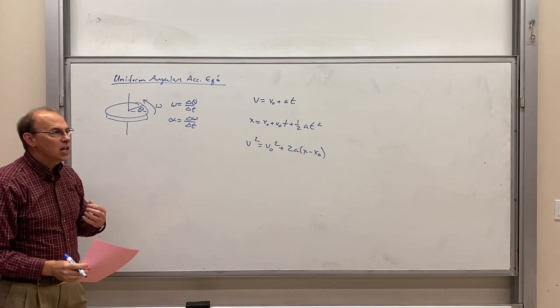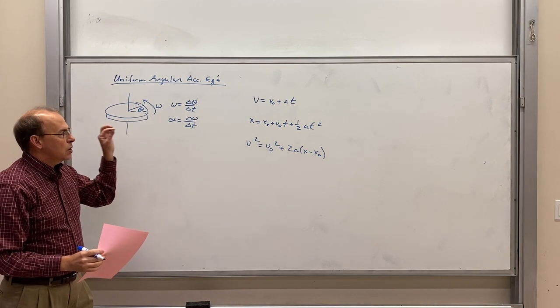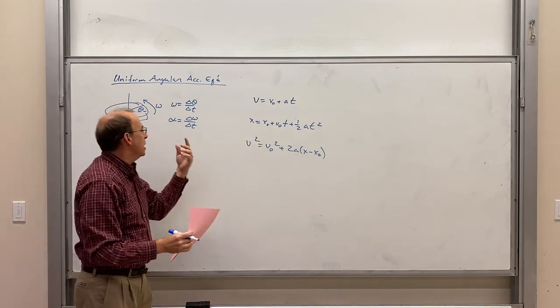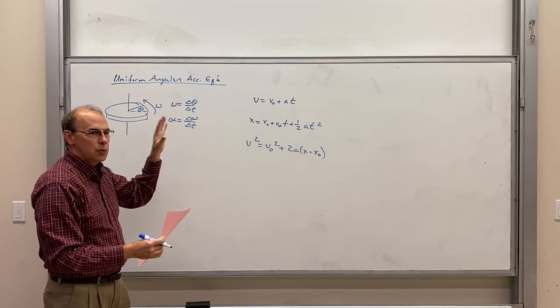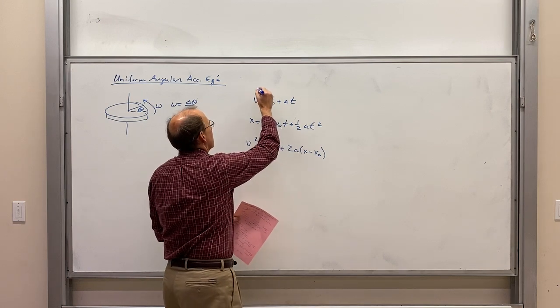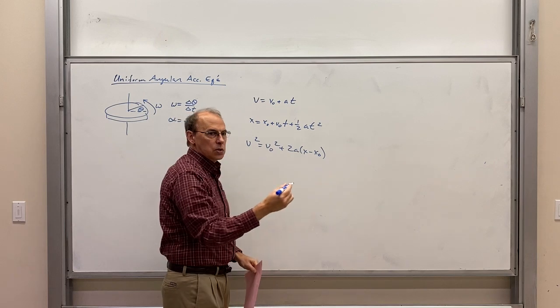Now there are analogous equations for rotation. So this is for something moving through space, like a car speeding up to get on a highway. Now we're going to talk about the analogous equations for something speeding up or slowing down in its spin. So V goes to omega, A goes to alpha, and X goes to theta.